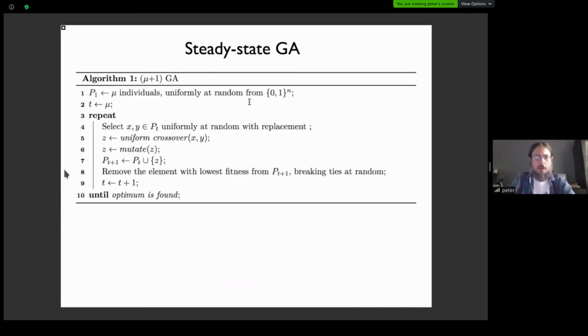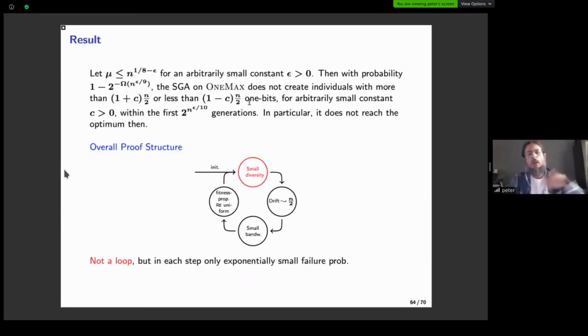So this was just a general high-level proof idea to show you that it is possible to analyze generational genetic algorithms using crossover to show when they do not work with overwhelming probability.